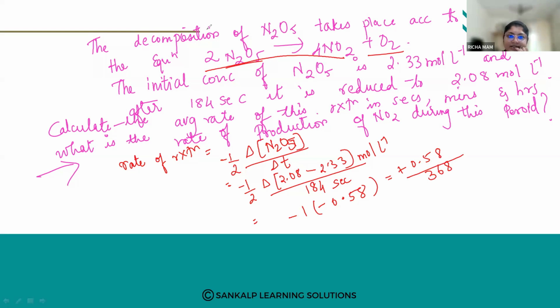How much are you getting? Just see, 0.0015. Why do you have that? What is different?